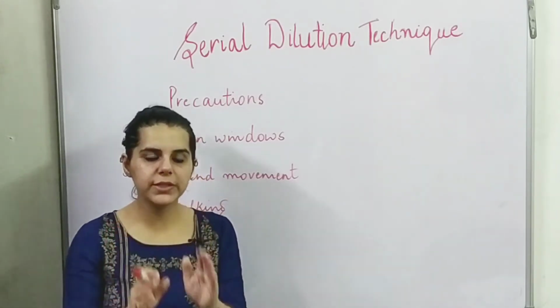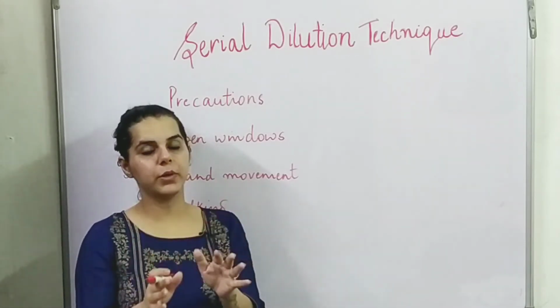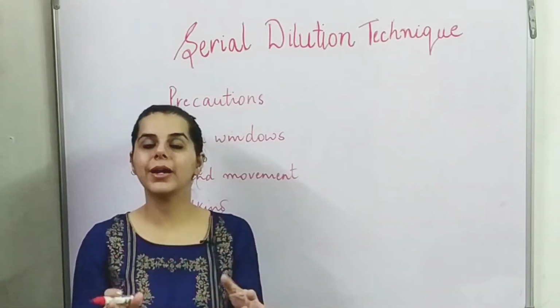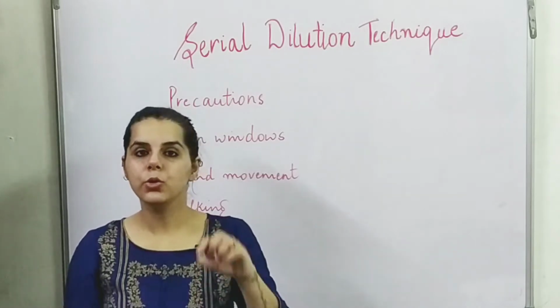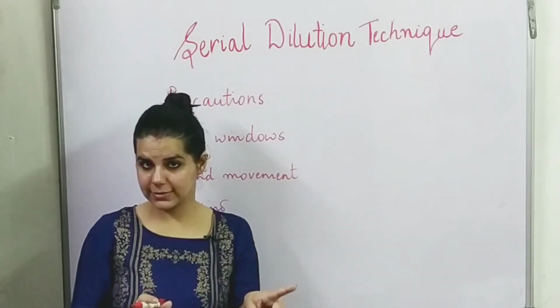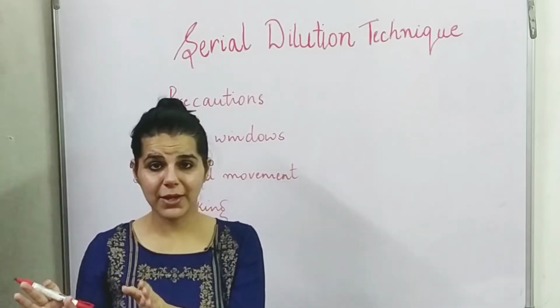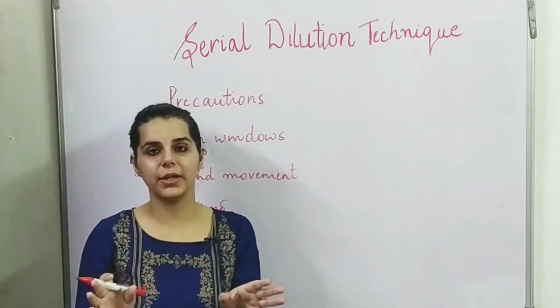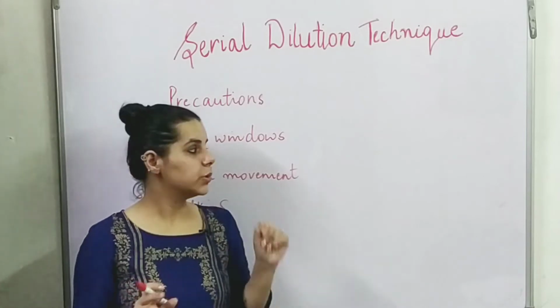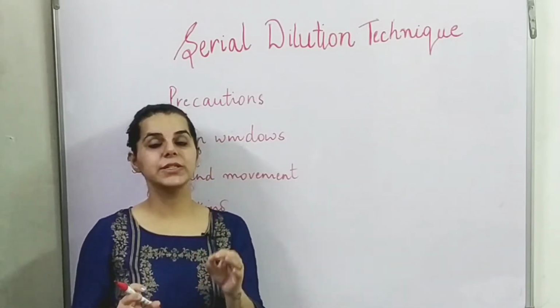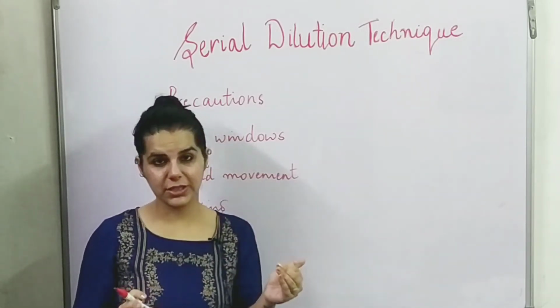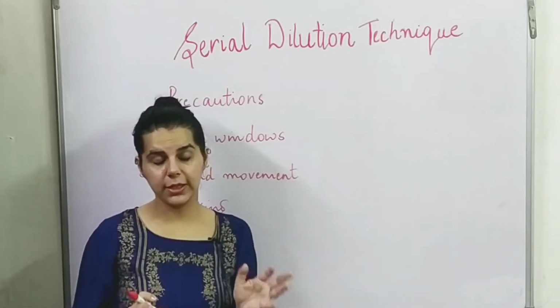So you first should take enough precautions so that there is no contact between the sample, because ultimately your sample contains microorganisms and the sterilized objects are free of microorganisms, so there must not be any contact, right? So these are a few precautions that you need to take, and now I'm proceeding with the serial dilution technique.